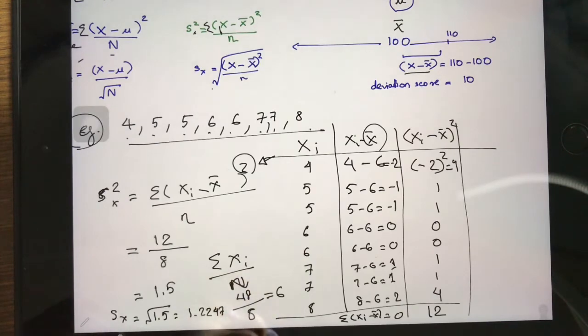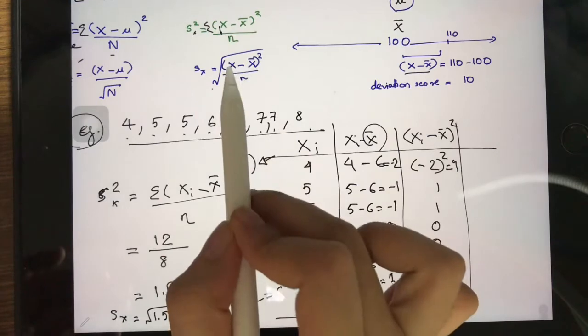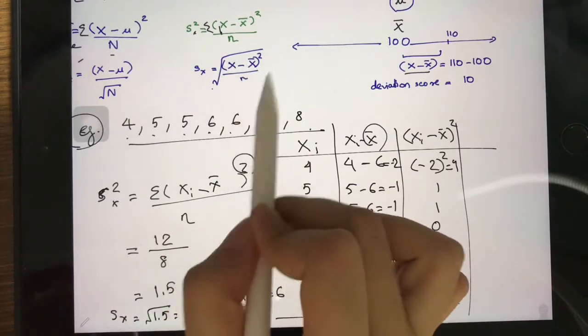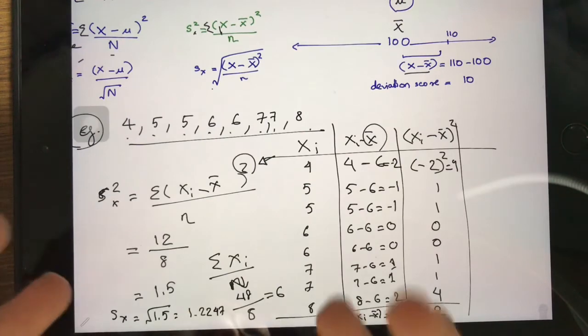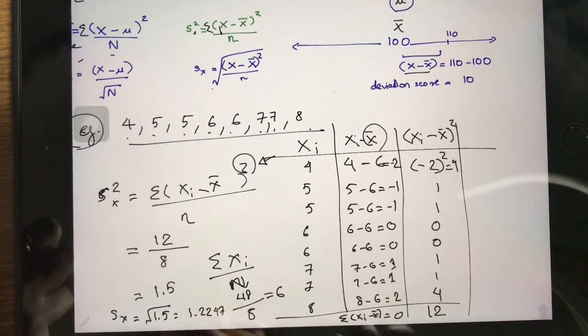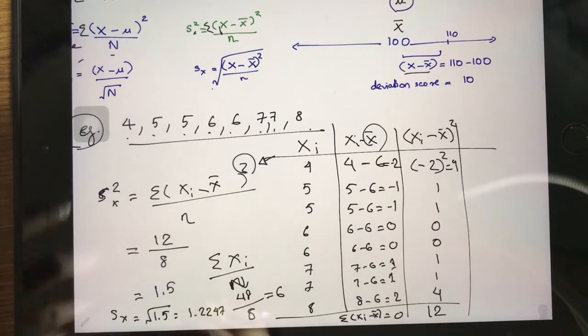How to calculate standard deviation is very easy, because standard deviation is the square root of variance. The reason why we have to calculate standard deviation is because variance is in squared units. For example, in psychology, what does depression squared mean? It doesn't make sense, right? So we have to return it back into the original units. That's why we calculate standard deviation.